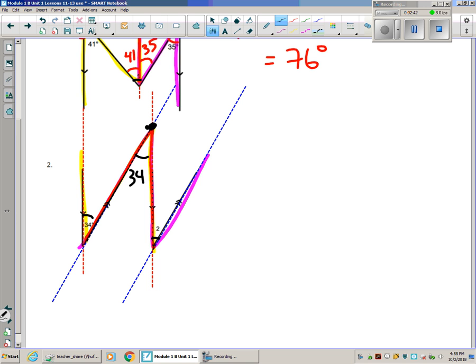So I could say that angle 2 is in fact where angle 4 should be. So in this case, I could say that 34 and angle 2 have to be the same angle. Angle 2 is equal to 34 degrees.